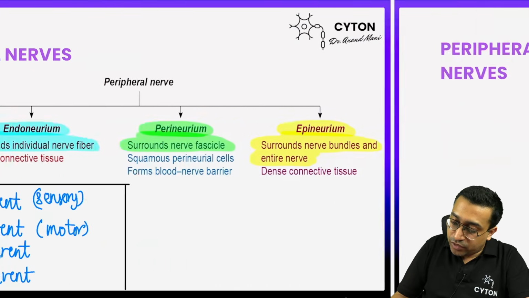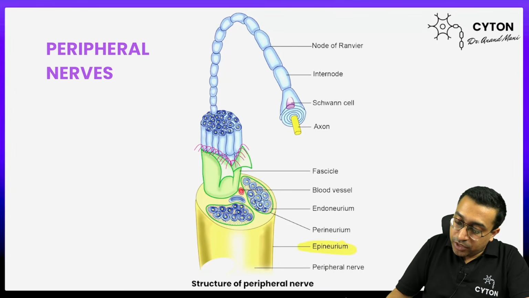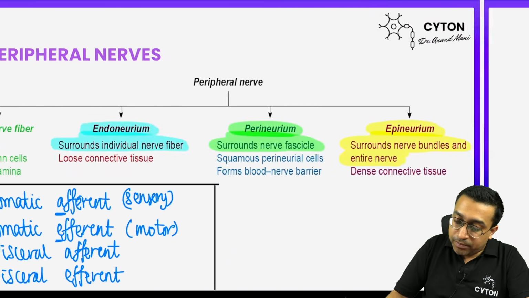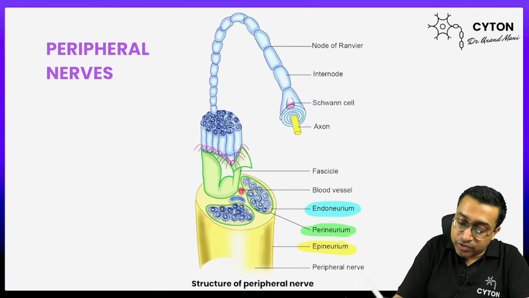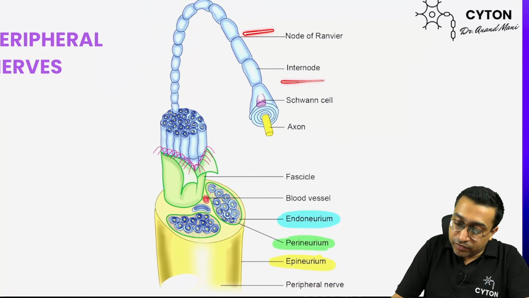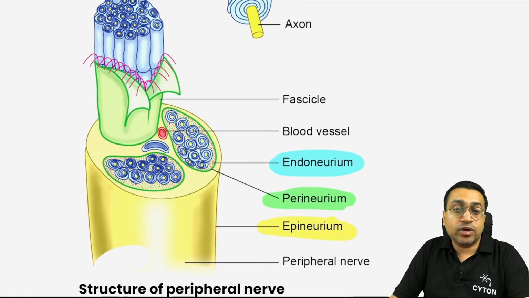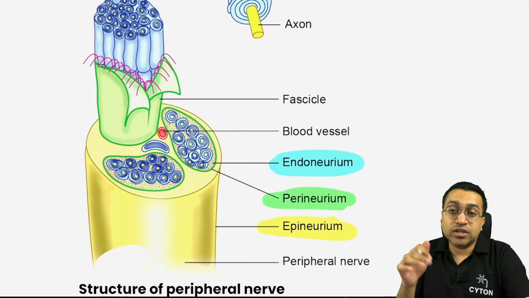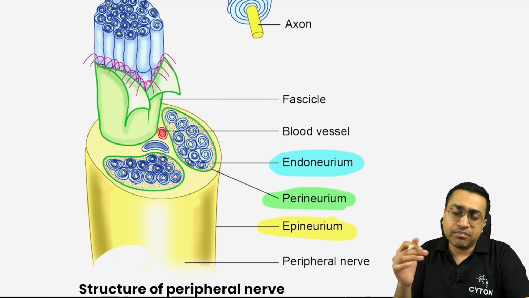We have used yellow for the epineurium, green for the perineurium and blue for the endoneurium. Okay, so these are the 3 ones which you have to focus upon. You can see this photograph, nodes of Ranvier, internode, we discussed everything. So now see this photograph to understand. Endoneurium consists of loose connective tissue with collagen fibrils, few fibroblasts, occasionally mast cells and macrophages.